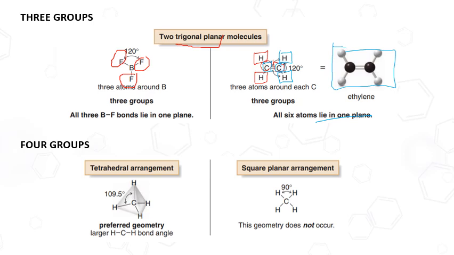For atoms with four groups surrounding them, I'd like to focus on methane, which is a carbon surrounded by four hydrogens. Since there are four groups surrounding your carbon, the preferred geometry is tetrahedral.